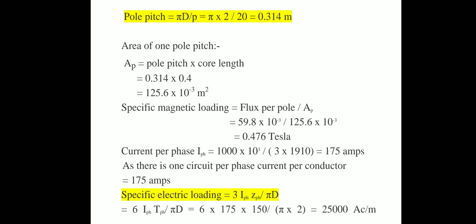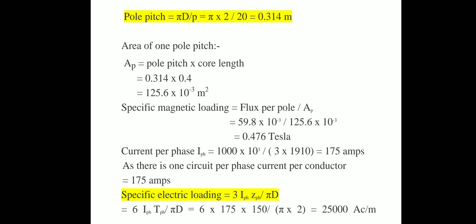Current per phase IPH is equal to 1000 into 10 raised to power 3 divided by 3 into 1910. The result for current per phase IPH is equal to 175 amperes. As there is one circuit per phase, current per conductor will be equal to 175 amperes.